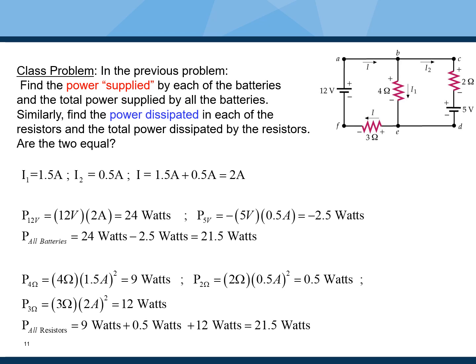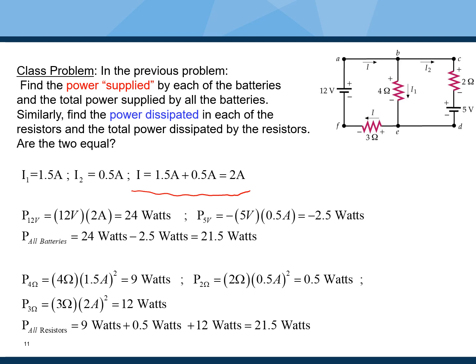Let me continue with this. So I is equal to I1 plus I2, which means that we found I1 to be 1.5 amperes and I2 to be 0.5 amperes. So therefore I is equal to 1.5 plus 0.5, which is equal to 2 amperes. So that was a nice save. It didn't matter that the page flipped over.